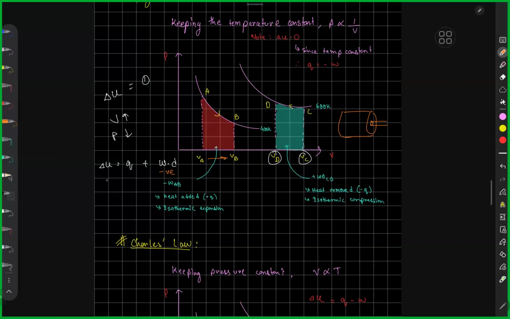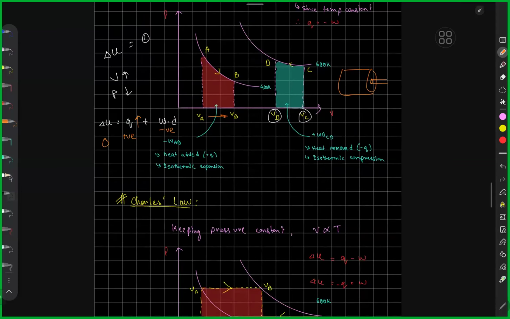But that's not happening. We know temperature is constant. It is 400 Kelvin through the process from VA to VB. This is given to us. The change in internal energy is zero. So if work done is negative, then heat supplied should be positive.